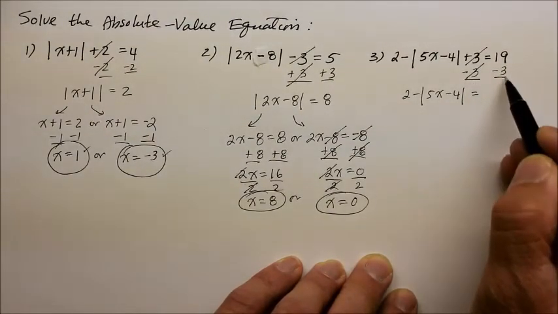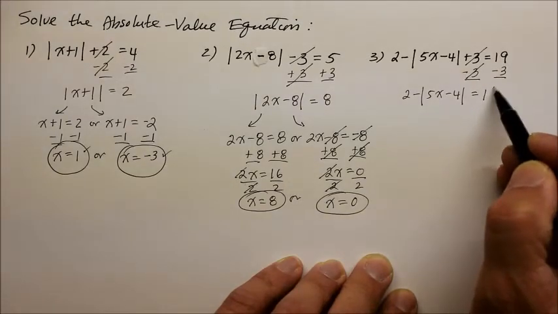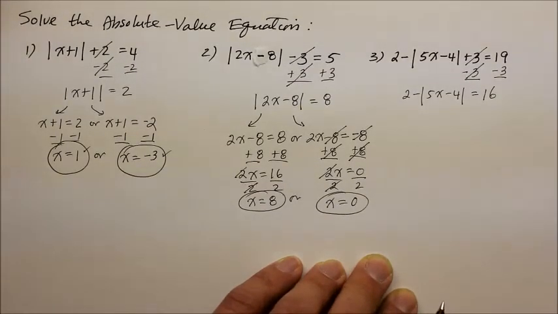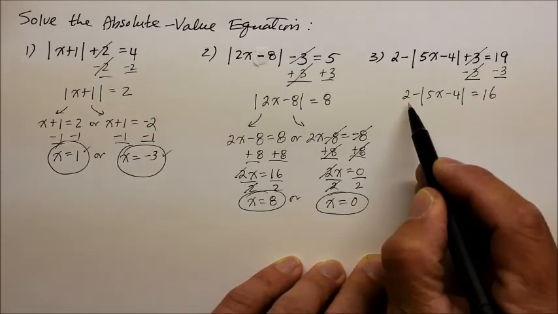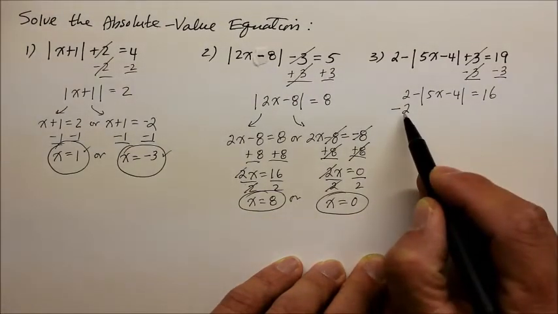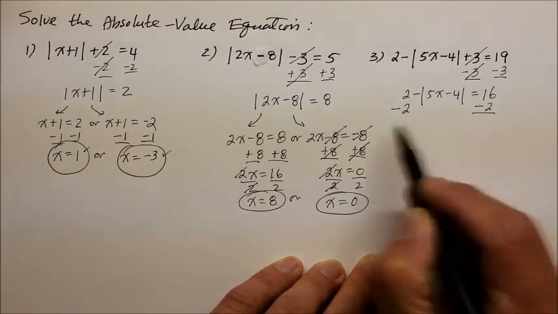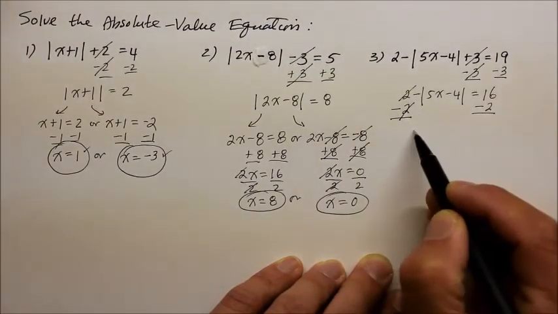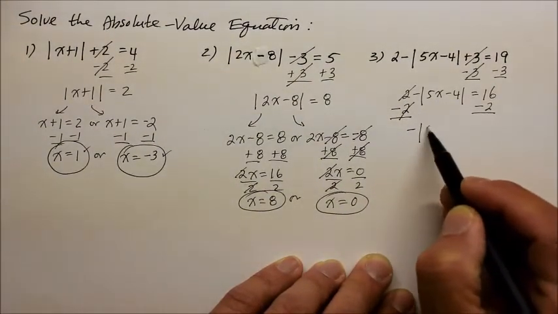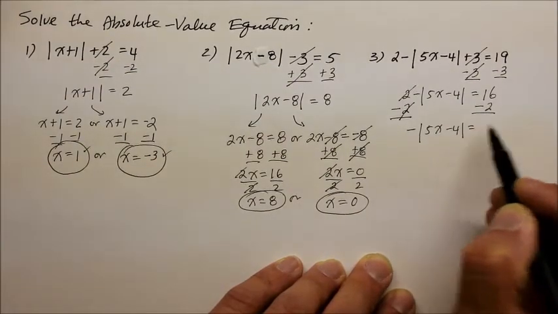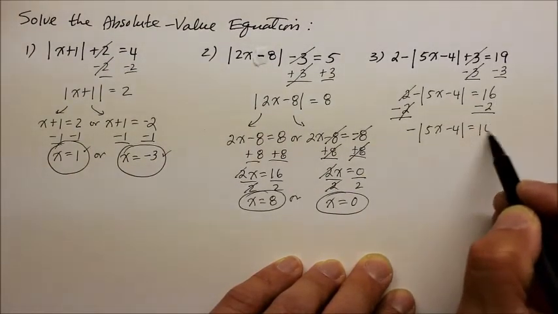Here, 19 minus 3 is 16. Now you get rid of the 2. That's minus 2 from both sides of the equation. So you get negative absolute value of 5x minus 4 is equal to 16 minus 2, which is 14.